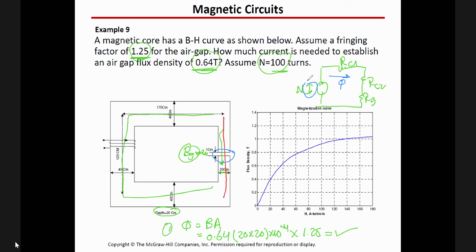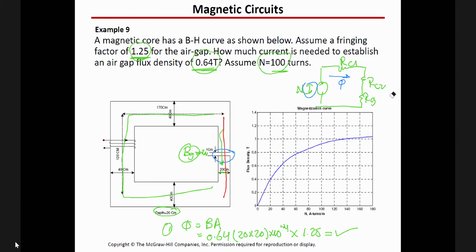Before, it was easy: once we find RC1, RC2, RG, we just combine them, and knowing the flux, we find the current, which is F equals flux times R. But we don't do this anymore. The best way is to find H at each reluctance, and to find H at each reluctance, we need to find B at each reluctance.